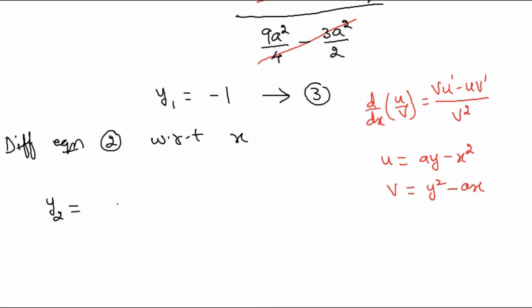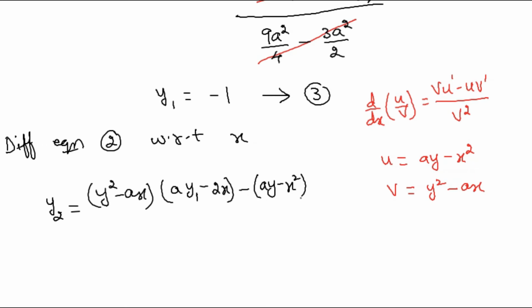So v value is y square minus of ax into u dash, differentiation of the numerator, that is a into derivative of y will be y1, minus derivative of x square will be 2x, minus of u value is ay minus of x square into v dash, derivative of y square will be 2y into derivative of y will be y1, minus ax, differentiation will be a.